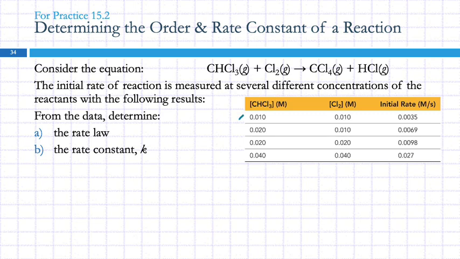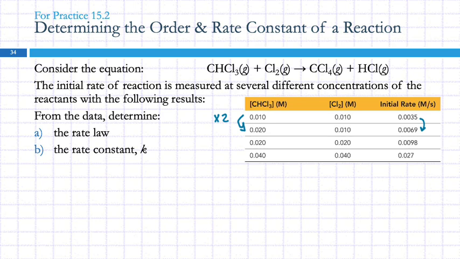So going from 0.01 to 0.02 is multiplying by 2. Then over here, going from 0.0035 to 0.0069, some of you can do mental math and come up with that.